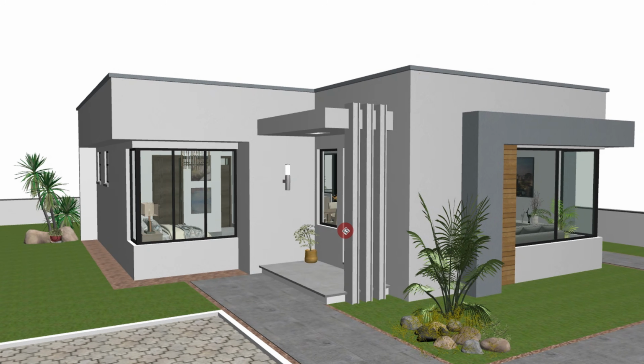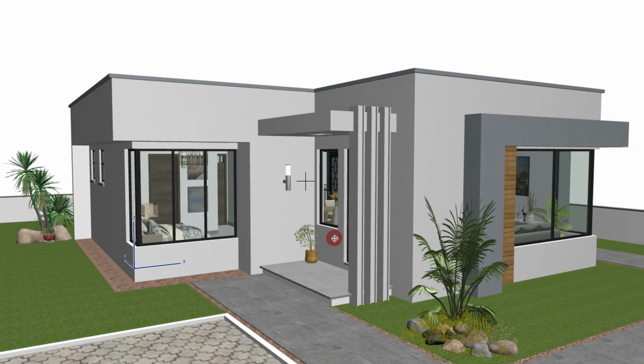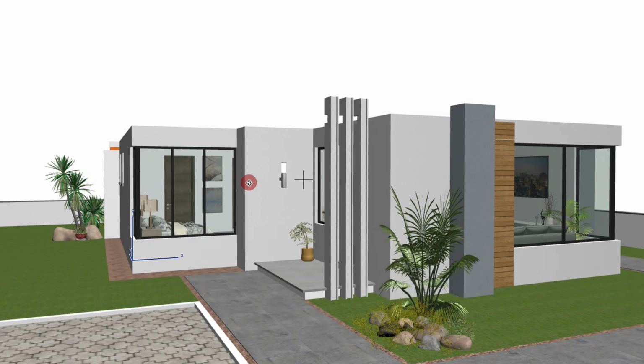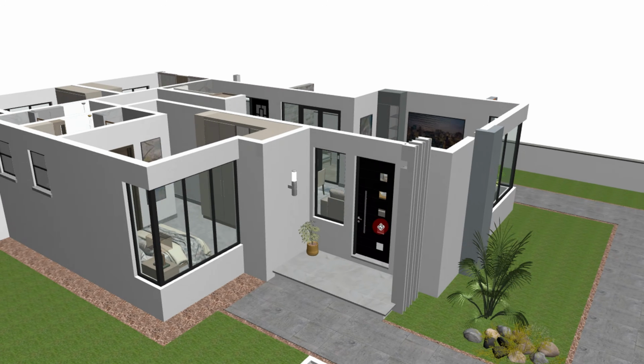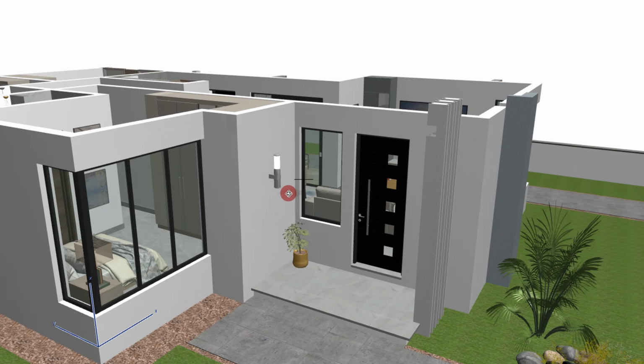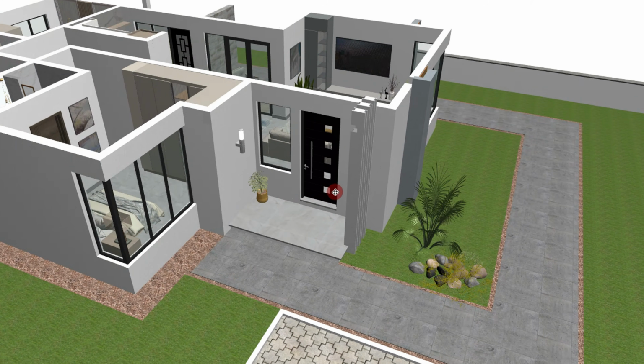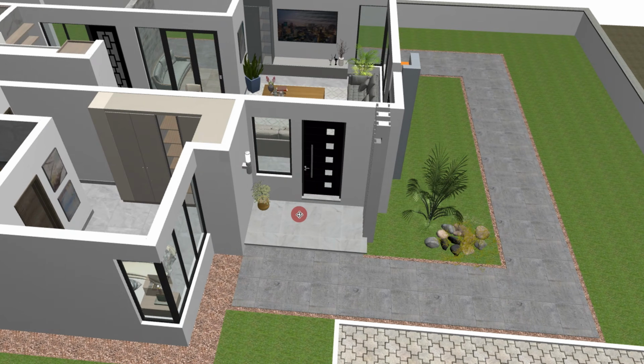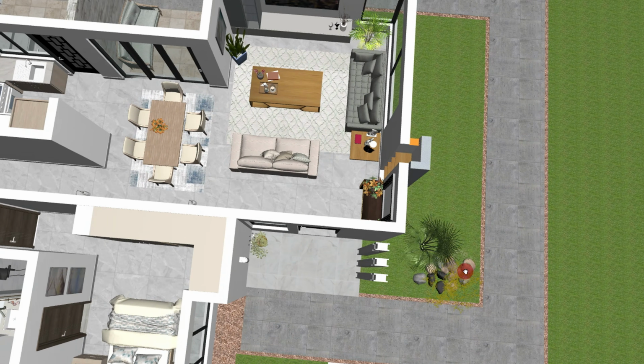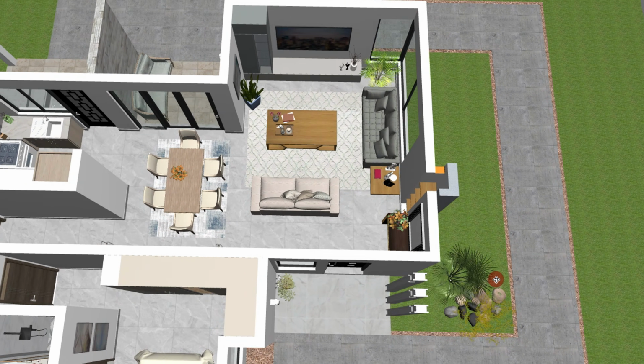And let's go to the plan so that I can take you through the layout. So this is the main door. And once you enter, then that's what you have.